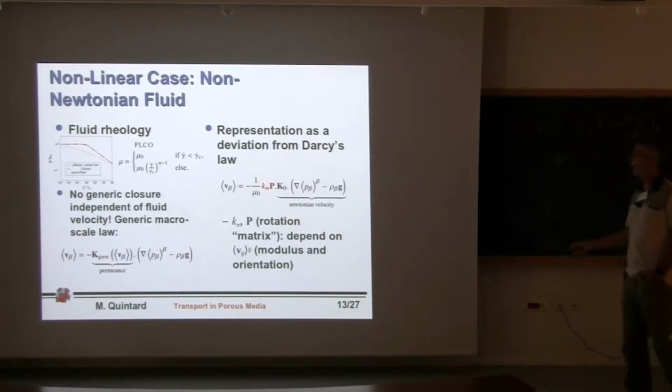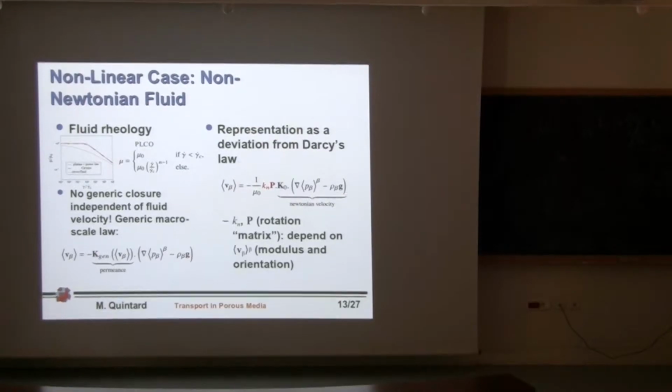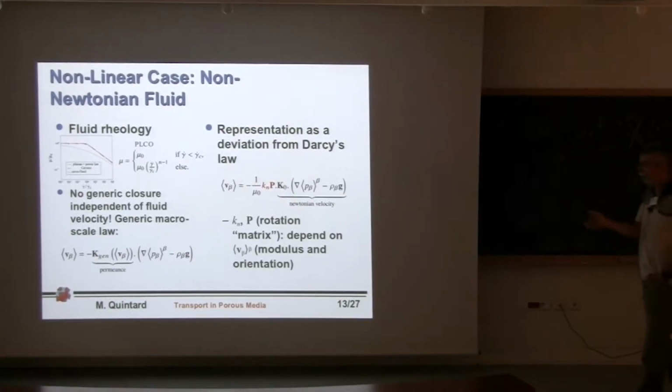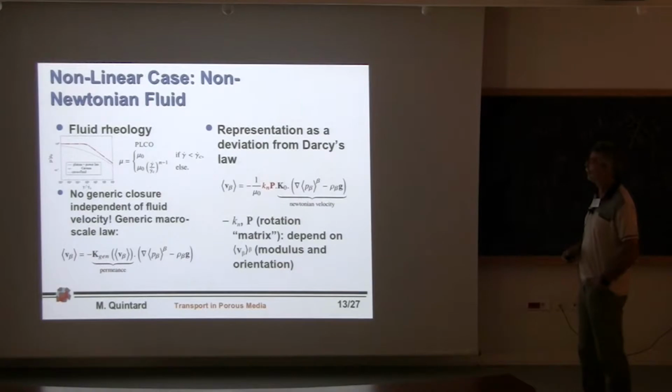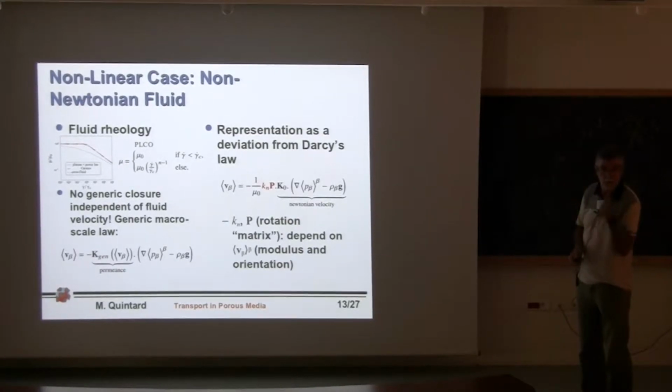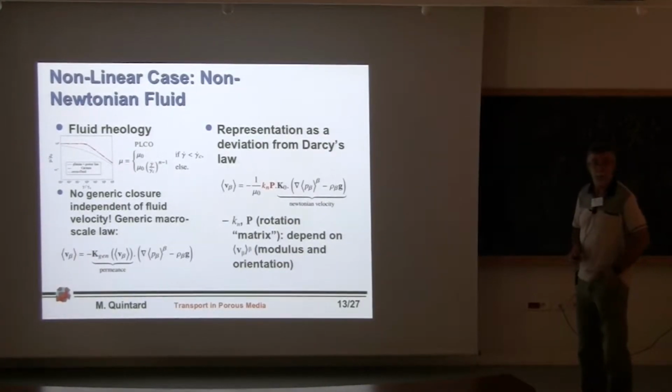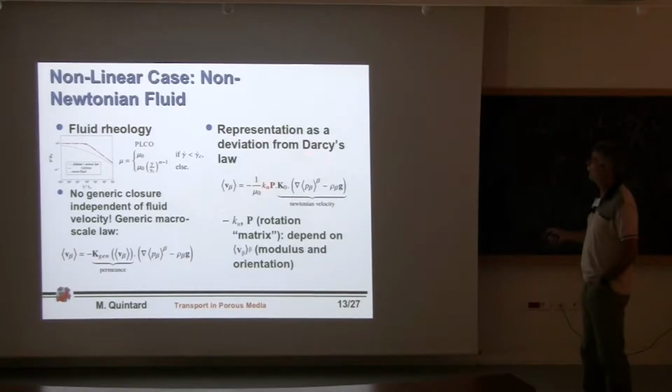It's not the way people want to represent things. Most of the time, they want to represent things in terms of what they already know for the medium, which is the intrinsic permeability. So most of the time, people will try to relate that to the intrinsic permeability. The only general thing we can write is something like that.